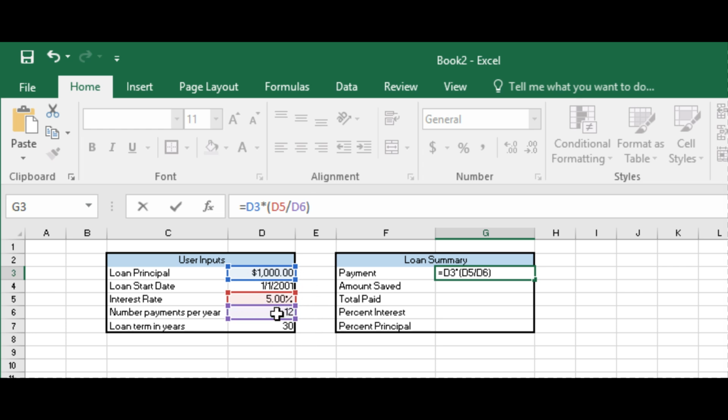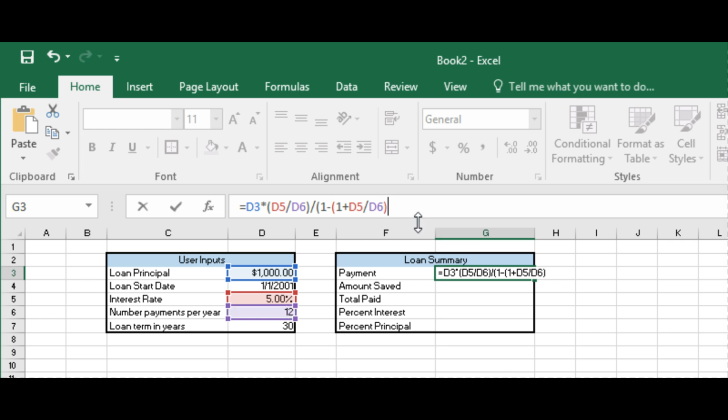So that completes our numerator for the equation, and then I need to divide by the denominator. Recognize your denominator needs to be in a set of parentheses, and the denominator is 1 minus, left parenthesis, 1 plus APR over N. So take our APR and divide that by N. Close it with a right parenthesis.